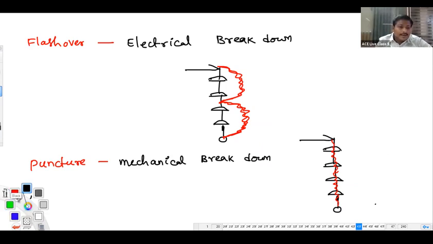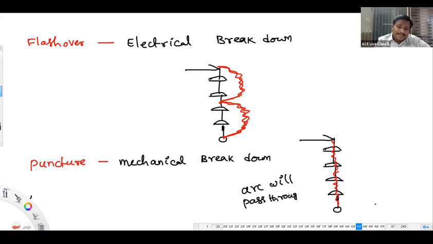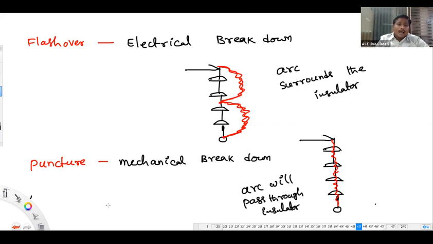This is called puncture. In flashover, the arc forms in the air surrounding the insulator. All of you getting it?